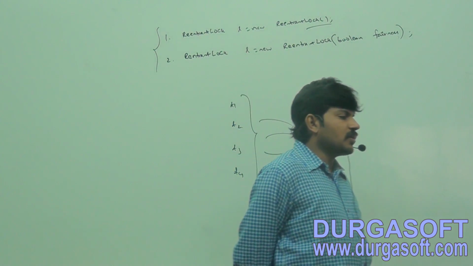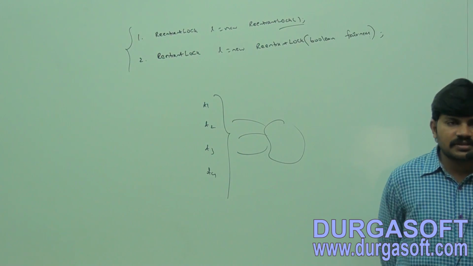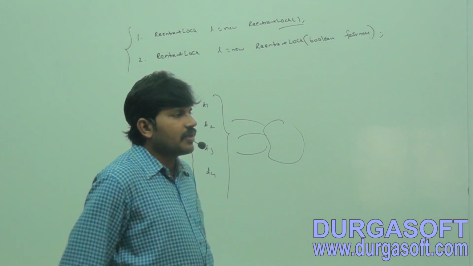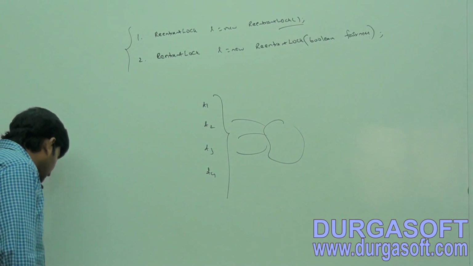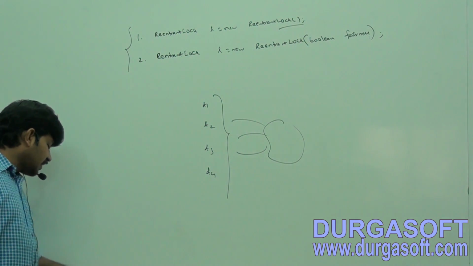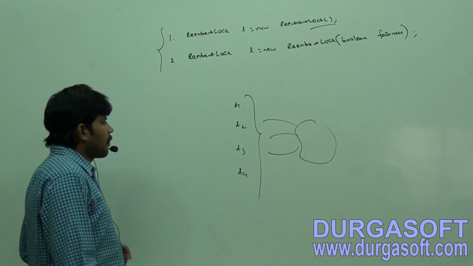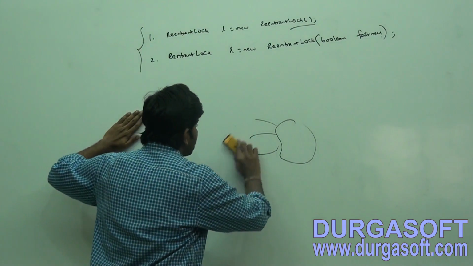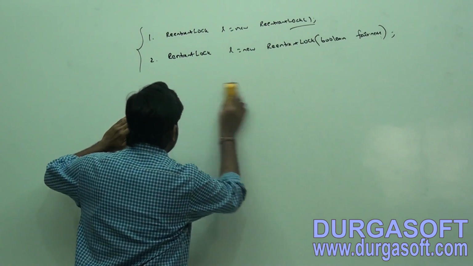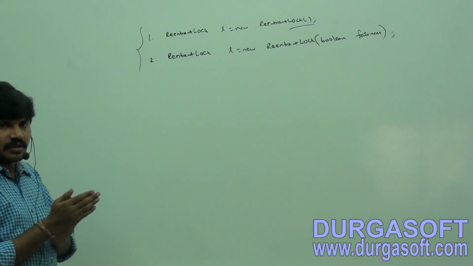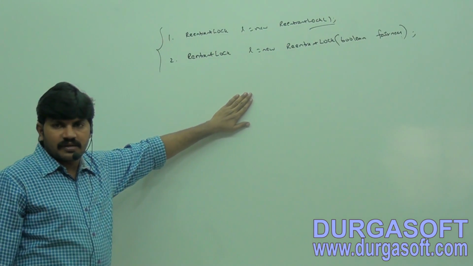If fairness is false, which waiting thread will get the chance? We can't expect. Okay, that's all. Are you able to understand, right?